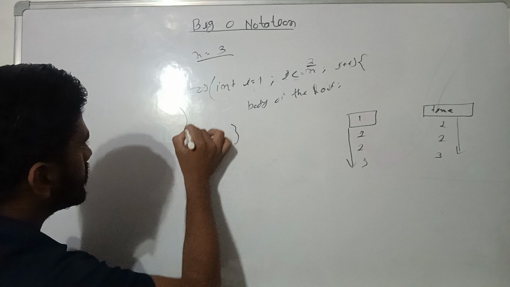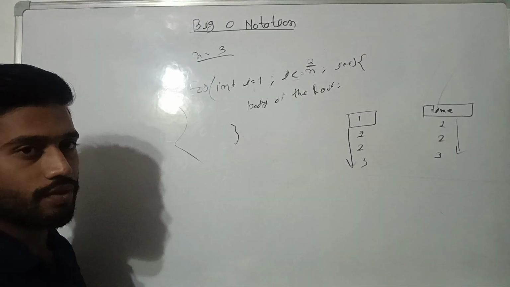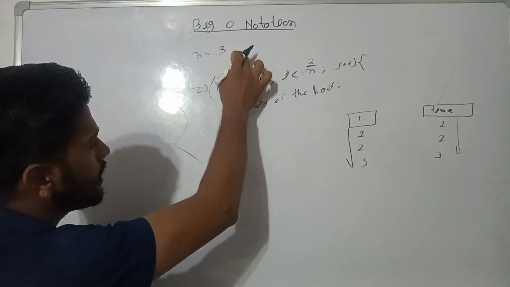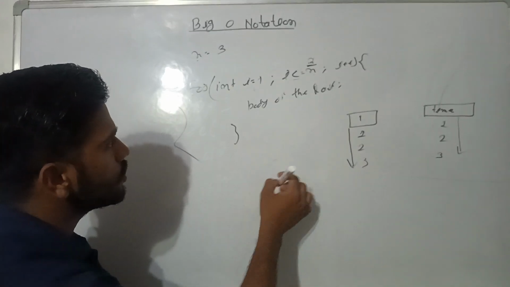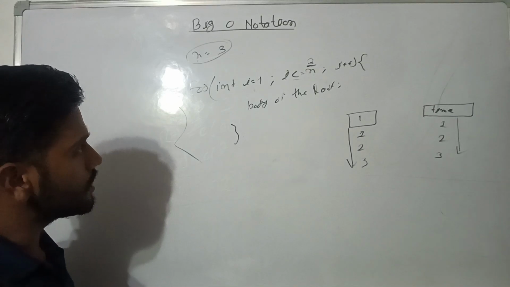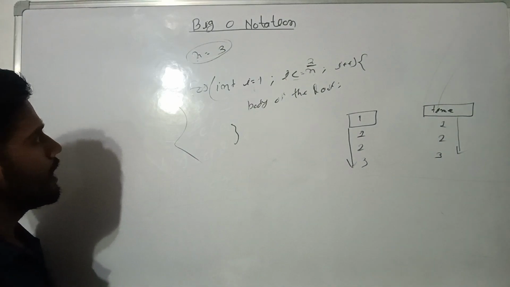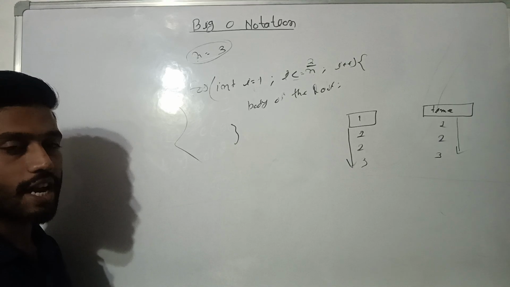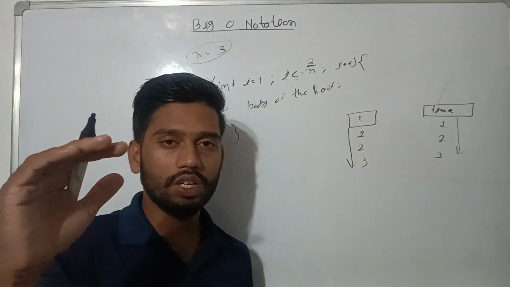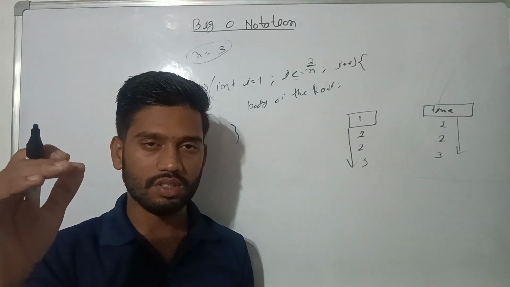This for loop executes 3 times, and it depends upon the input size, and this is the upper bound for this for loop. This is the basic of Big O notation, which indicates the upper bound of any function.